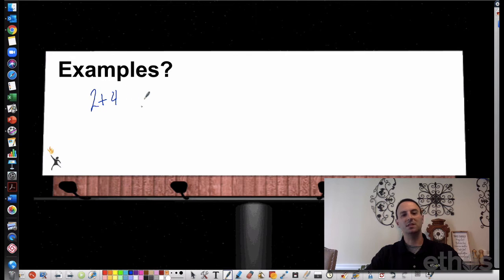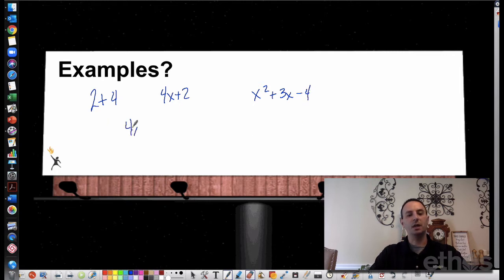You'll notice something that's missing is an equal sign. Anytime you see an expression, you typically don't have the equal sign, like equals 6 on the end of this. Another type of expression we're going to see this year might look something like this: 4x plus 2 equals y, or something along those lines. Sorry, I forgot my equal sign. Or x squared plus 3x minus 4, or 4x squared minus 8y squared plus 7.